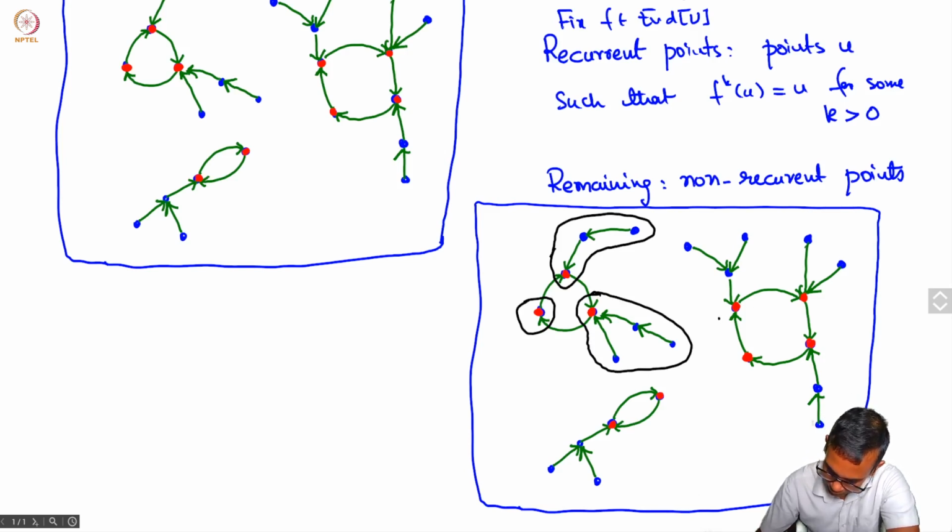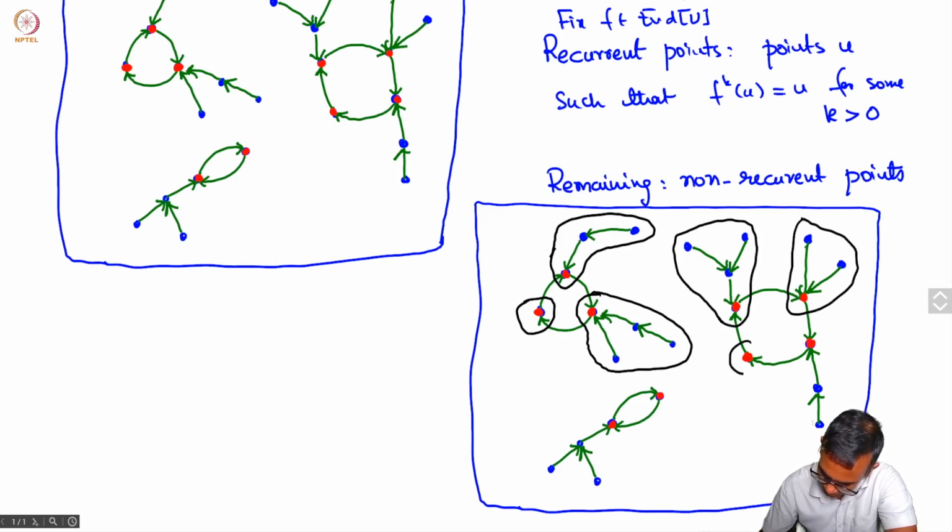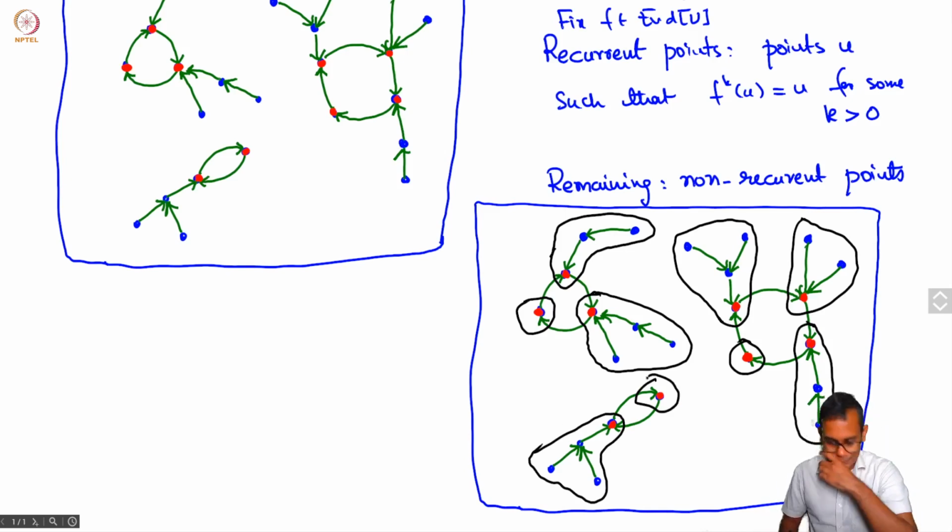Similarly, this recurrent point here is the root of this tree. This recurrent point is the root of this tree. Here's another tree with just one node. Here's a tree with 3 nodes. So you can think of each recurrent point as the root of a rooted tree.